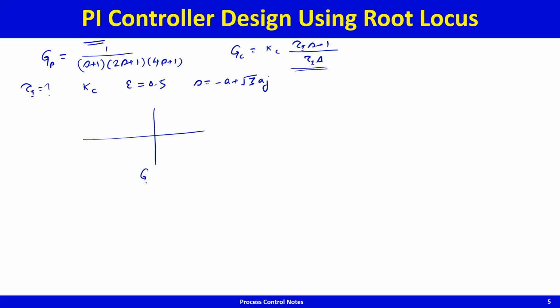If I look at the poles and zeros of the loop transfer function, which is GpGc, I've got a pole at the origin because of the integrator. Then I have poles at minus 1 by 4, minus half and minus 1.